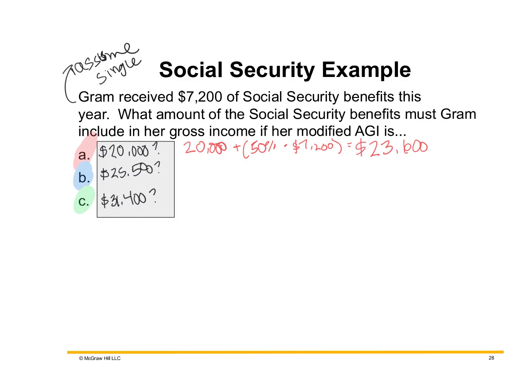So here in scenario A, our Social Security benefits are not taxable. To answer the question, what amount of Social Security benefits must Graham include in her gross income when her modified AGI is $20,000? The amount we include in gross income is 0.